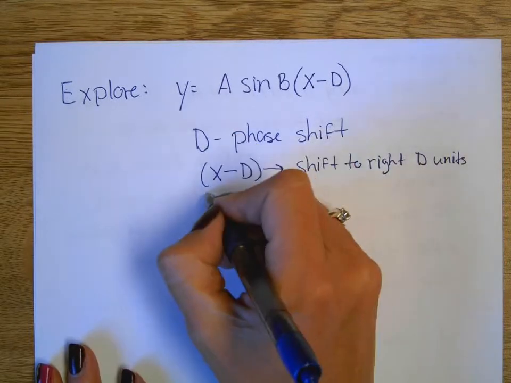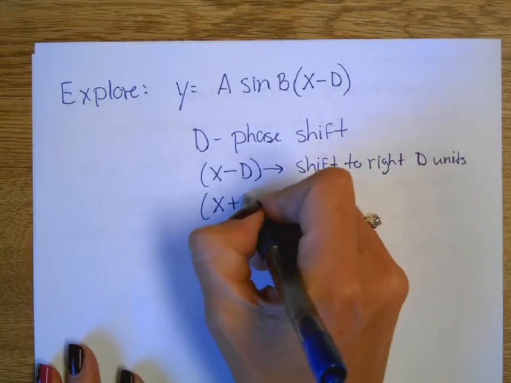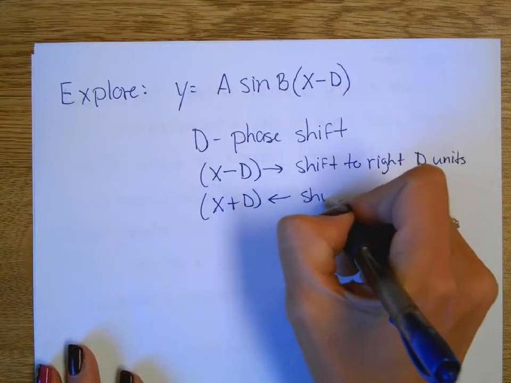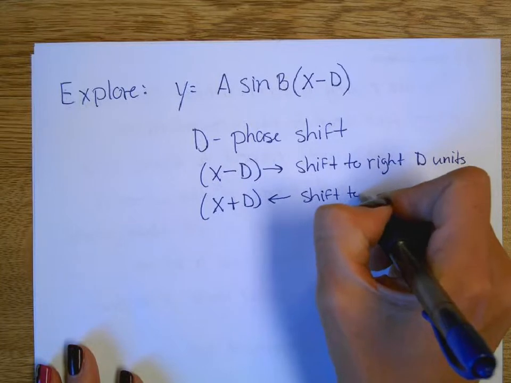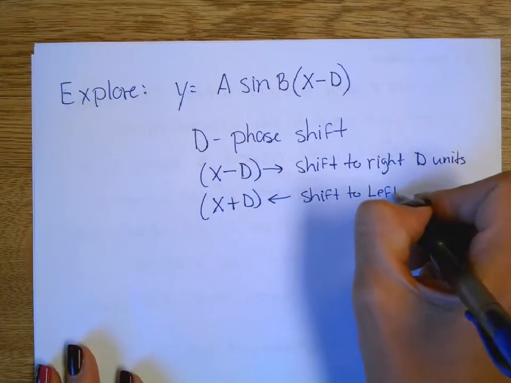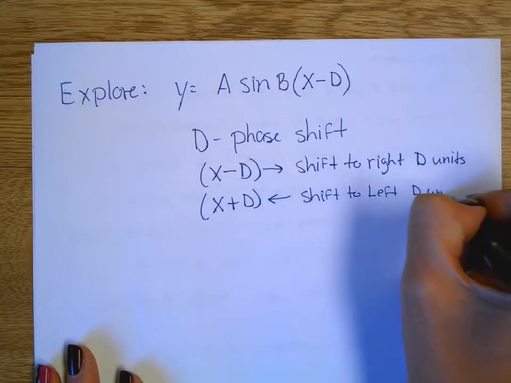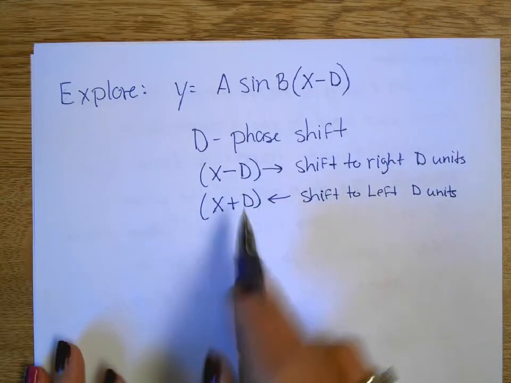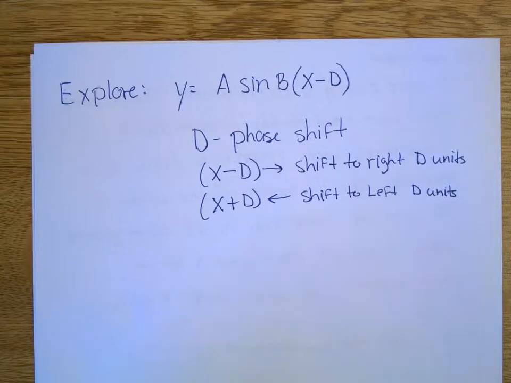So what do you think an x plus d is going to do? It will shift it to the left d units. So it's kind of the opposite of what you would think. A minus is pulling it to the right, a plus is pulling it to the left.